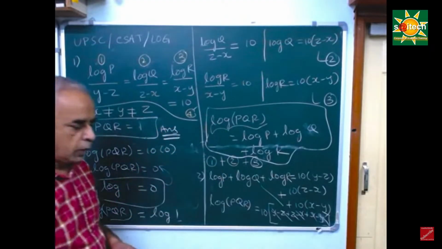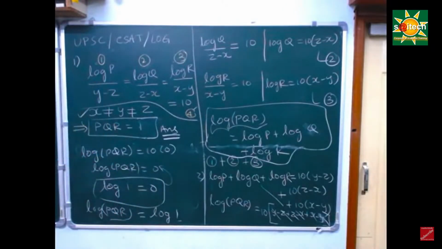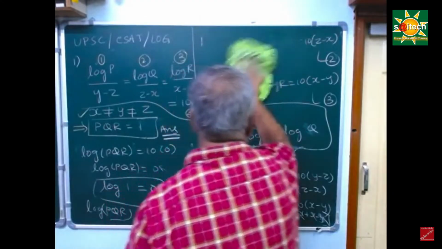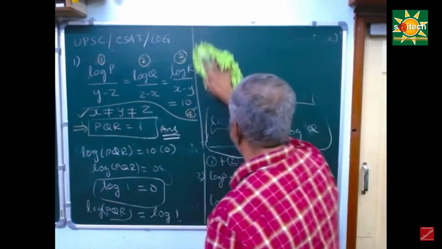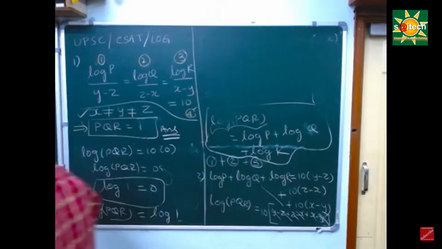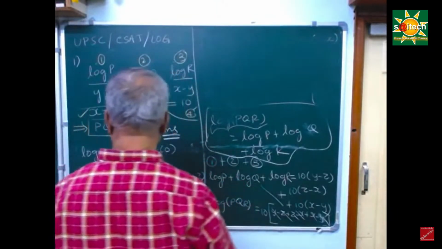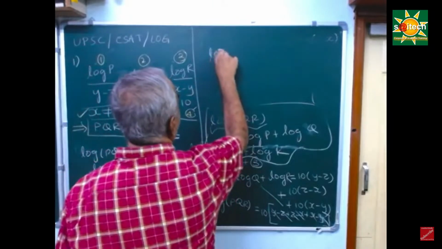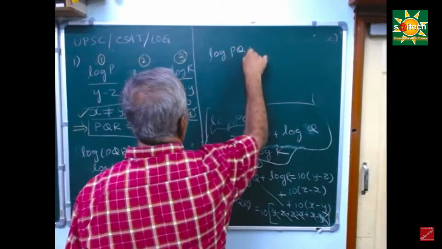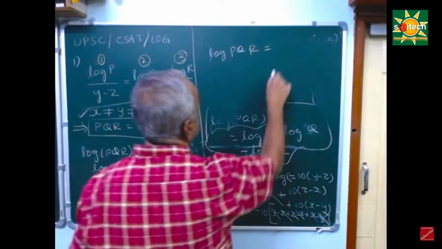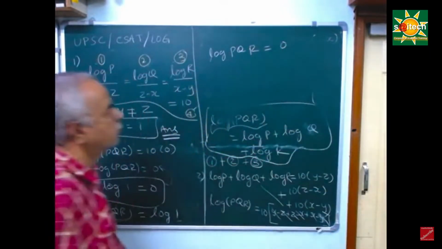Do you understand? Otherwise, you can put it as anti-log, but I will explain about anti-log in the next class. You have here log PQR is equal to 0, right?